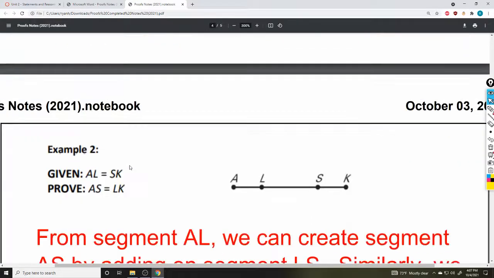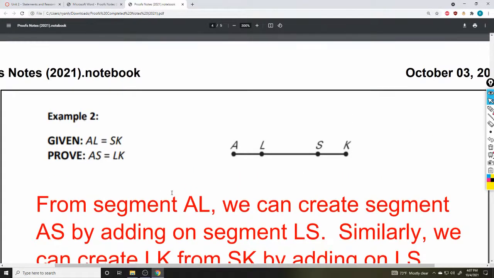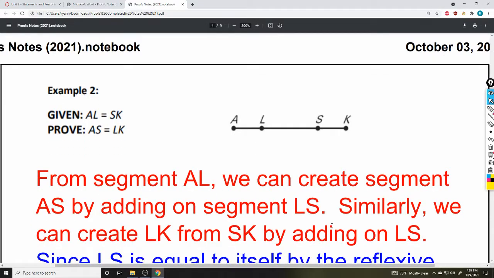So here is that argument. From segment A to L, we can create A to S by adding L to S. Similarly, we can create L to K from S to K by adding on L to S. So that's describing how I can get to A to S and how I can get to L to K, by adding on L to S, and by adding on L to S. And then I'm going to say, well, wait a second.